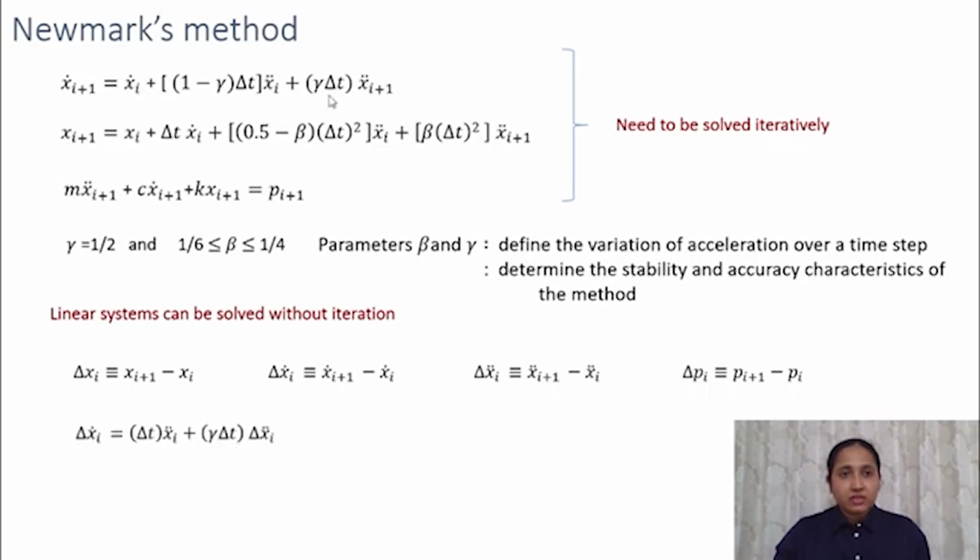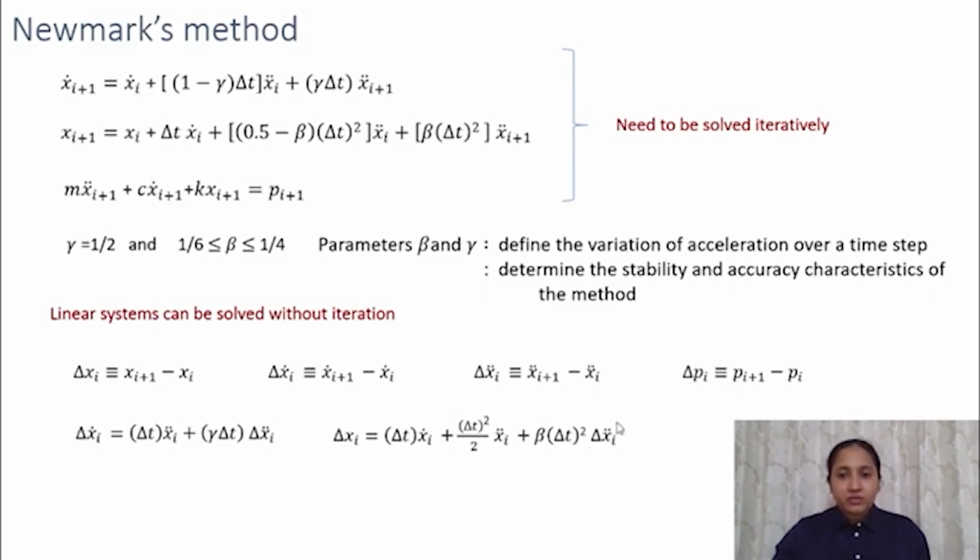So we can rewrite this as: delta x dot i is equal to this quantity. If we rearrange this, we would get this. And from the second equation, we can find x i plus 1 minus x i. If you take this to the left hand side, that would become delta x i. So we can rewrite this equation as this.